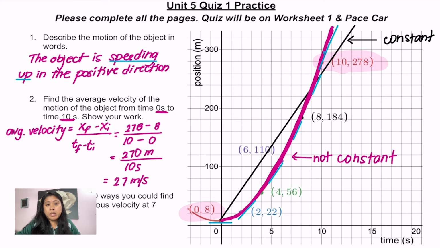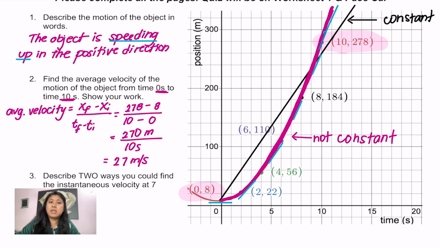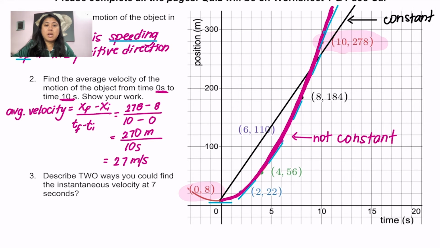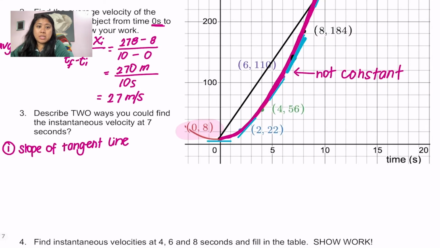And now we're going to describe 2 ways that you can find the instantaneous velocity at 7 seconds. So one, we can find it by finding the slope at 7 seconds, but most of you in algebra probably haven't done it yet. So what we're going to do is use the average velocity using 7 as the mid time. And so we'll pick a time before 7 and after 7.